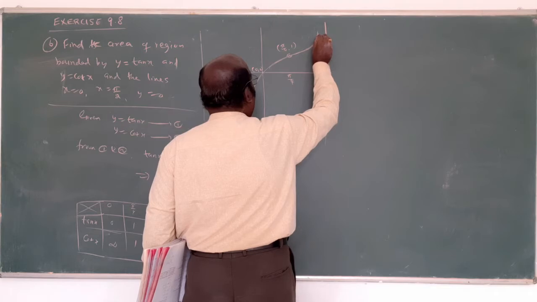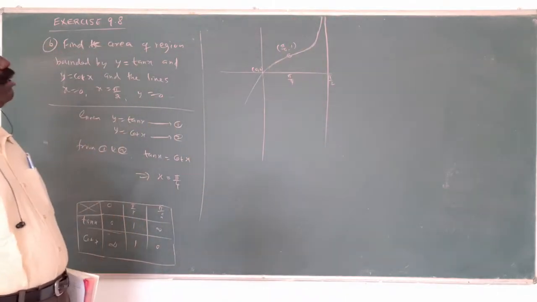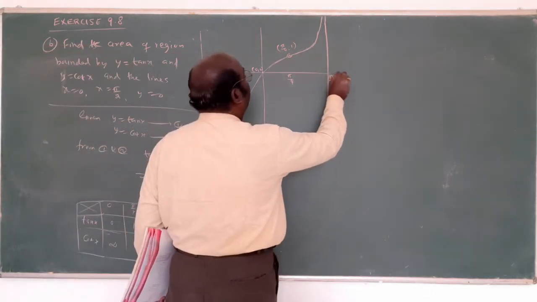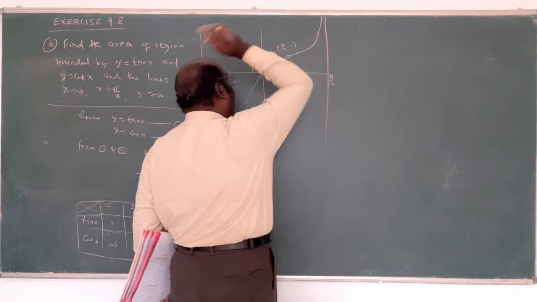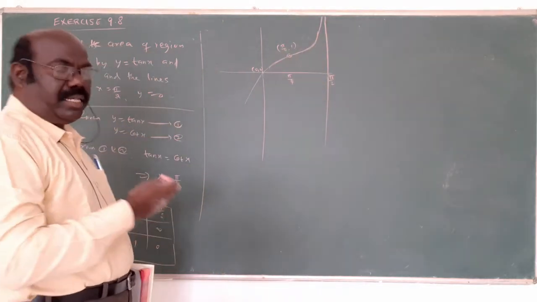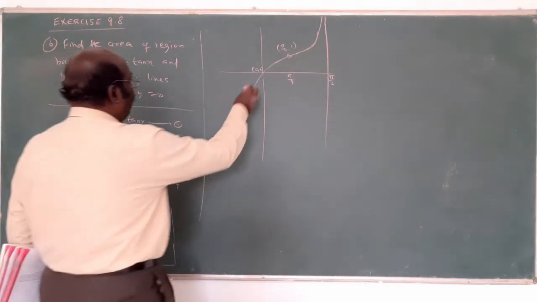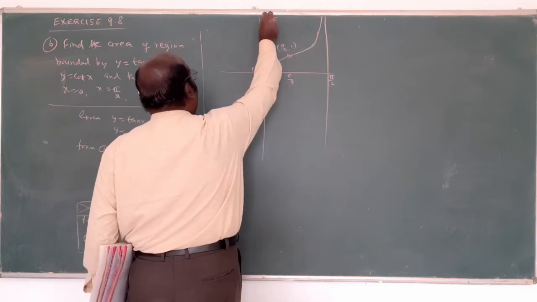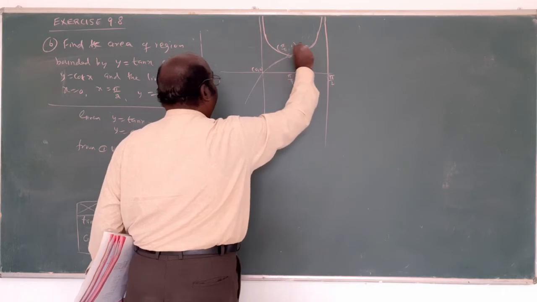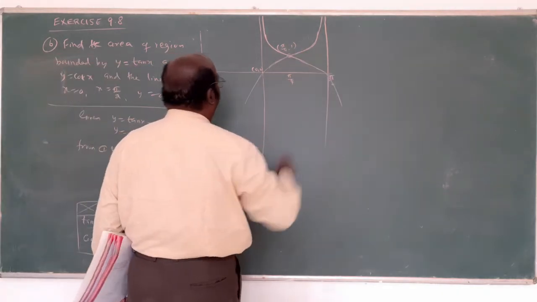But the curve intersecting at infinity is not possible to draw exactly. Similarly, next one, cot 0 is infinity, going on. Next point is pi by 4 comma 1 here. Next is pi by 2 comma 0 here.